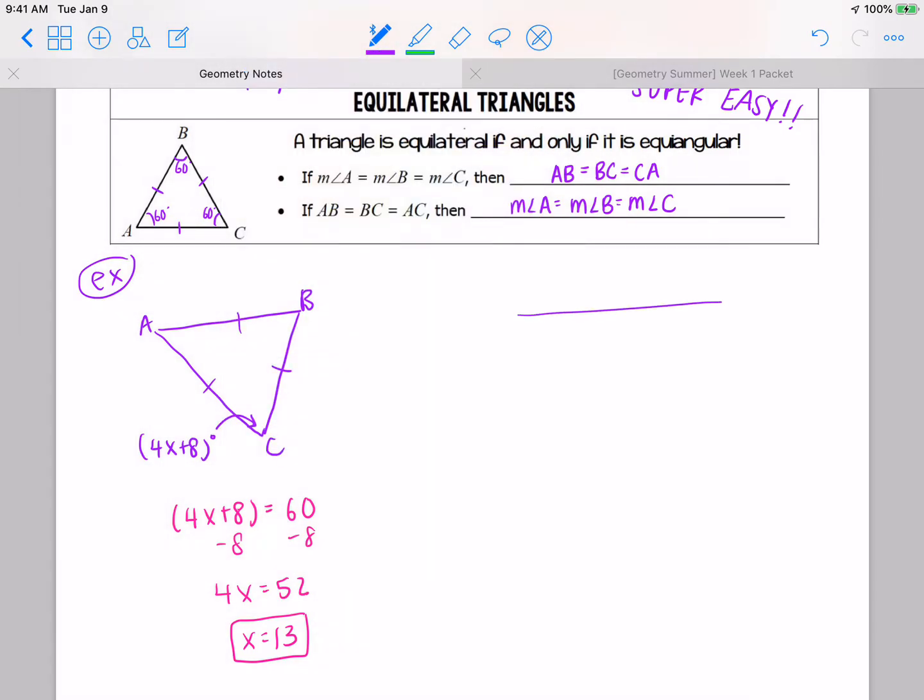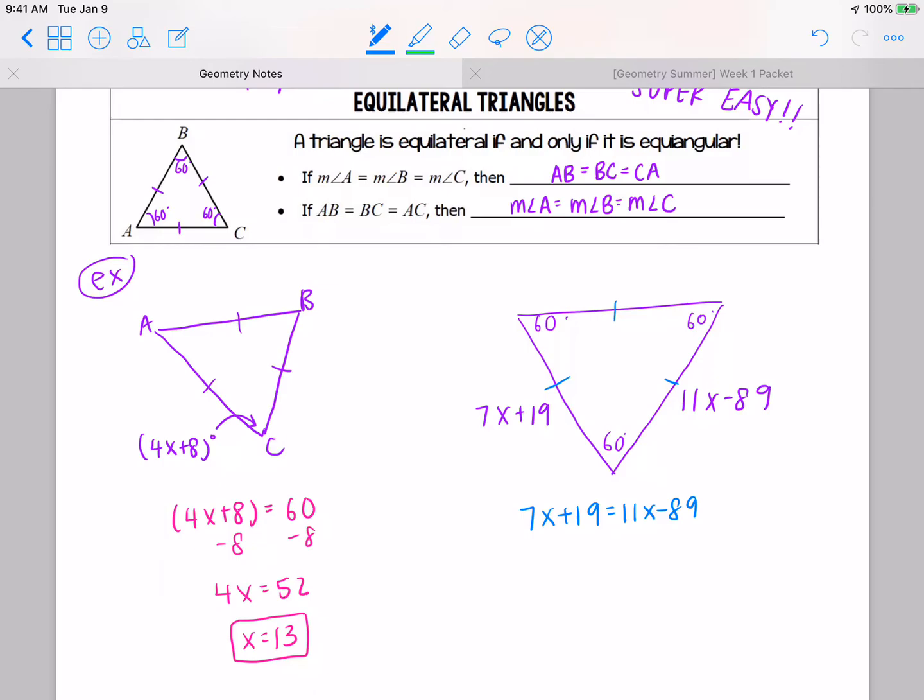Okay, let's do another one. If I have a bigger triangle, let's pretend these are all 60 degrees. And they give you 7x plus 19 and 11x minus 89. What do we know about those two sides? Actually, three sides are the same. But since they only gave us two sides, all we gotta do is set them equal to each other.